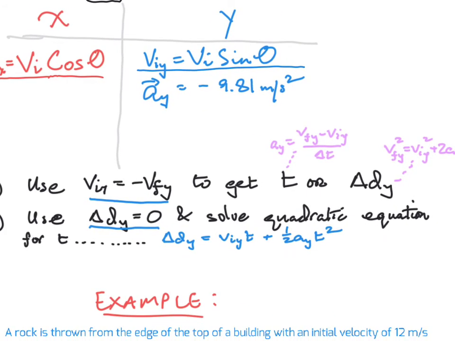The second thing that we could choose to do is to use the fact that delta dy is equal to 0, in other words, the projectile started and ended at the same vertical point, and solve a quadratic equation for t.